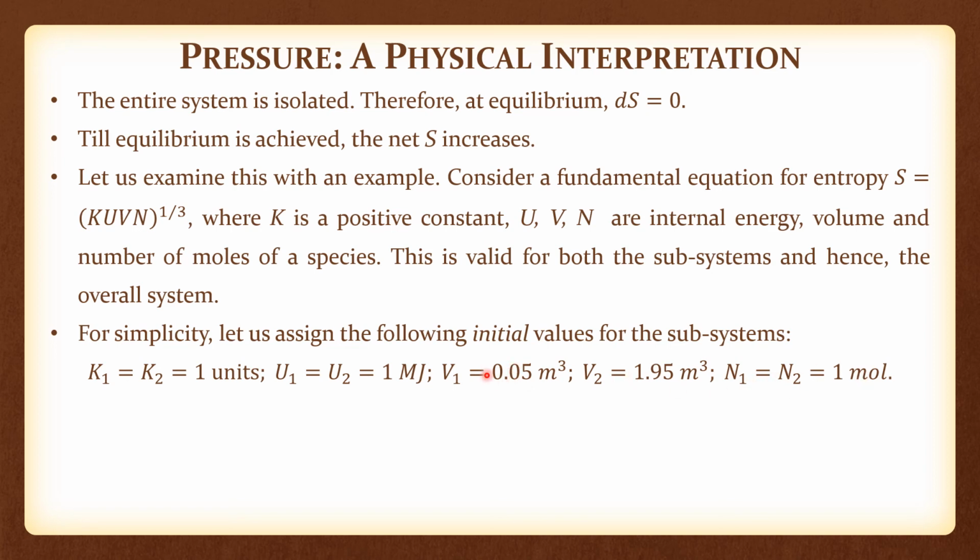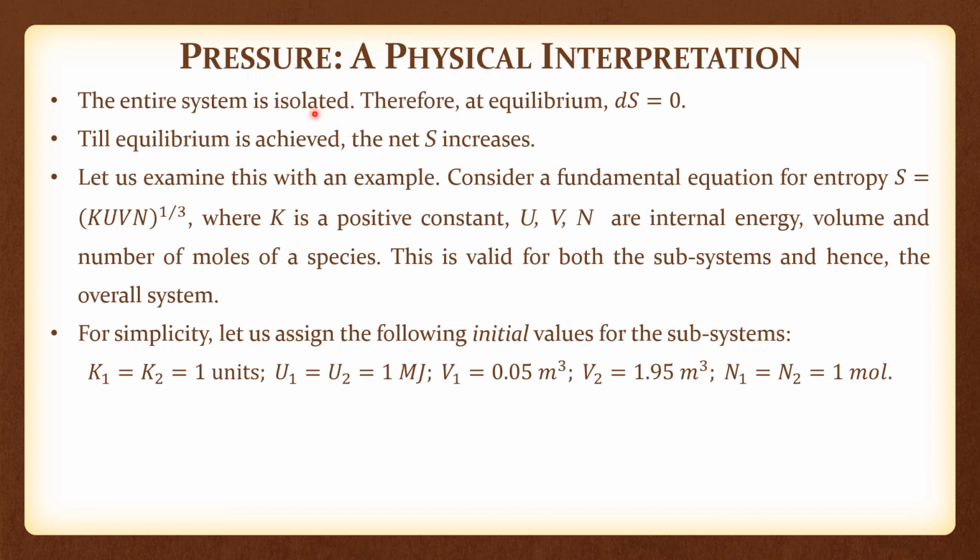Now in one case V1 is 0.05 meter cube, the other case V2 is 1.95 meter cube, so that the total volume is 2 meter cube, right? And that is fixed. The total internal energy is 2 megajoules, that is fixed, and the total number of moles is 2 moles, that is fixed, because the overall system, the entire system, is isolated, right?